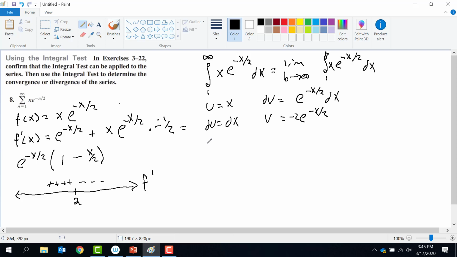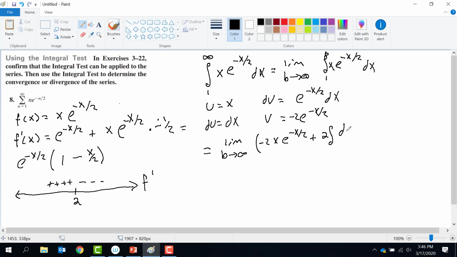So then following the integration by parts formula, we end up with the limit as b goes off to infinity of uv, negative 2x e to the negative x over 2, minus, but because of this minus, we're going to end up with a plus, the integral of v du. The 2 can come out, and du is dx.